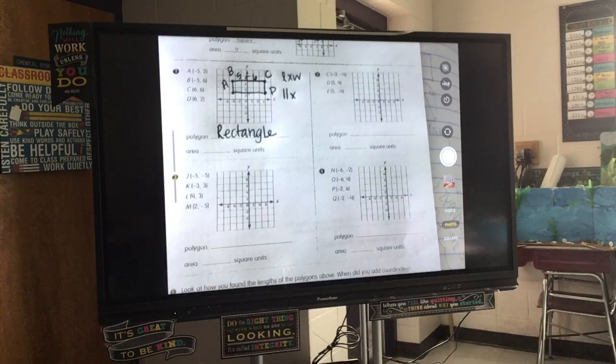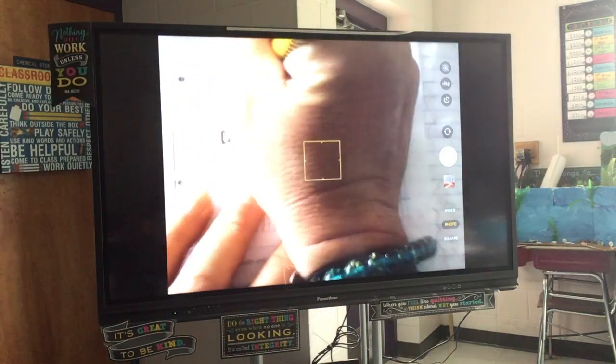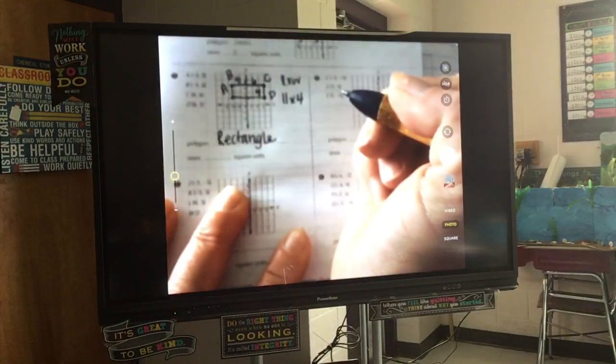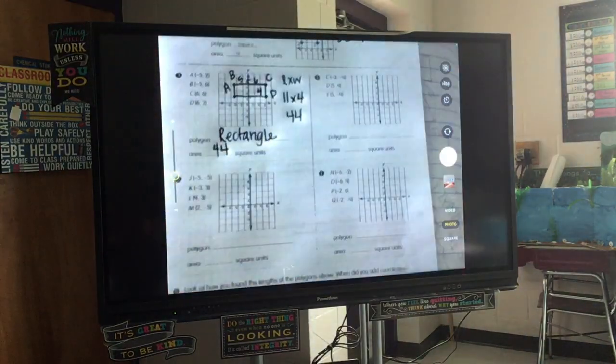You have to look at the numbers on your number line, because there's a number between 4 and 6. So our number is technically 4, and you're increasing by 2s. So you're going to do 11 times 4, which gives you what? So this is 44 square units.